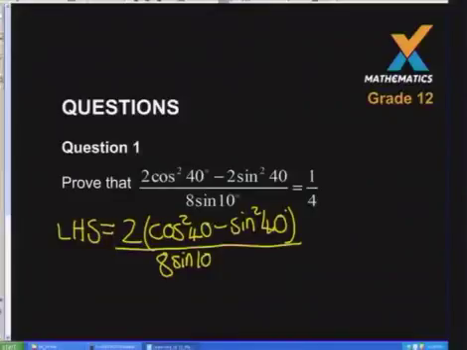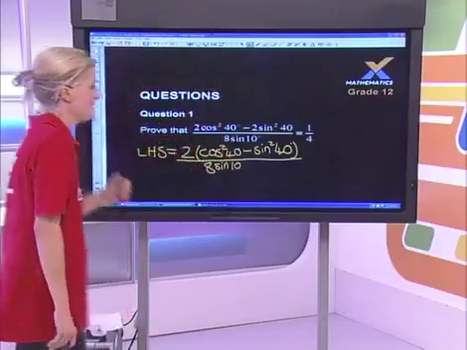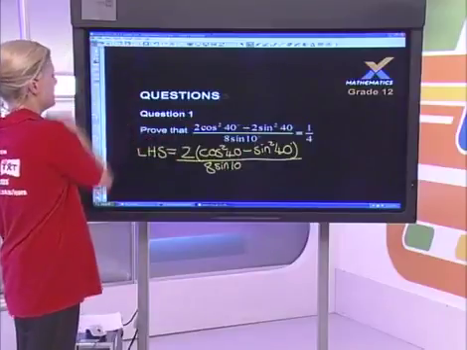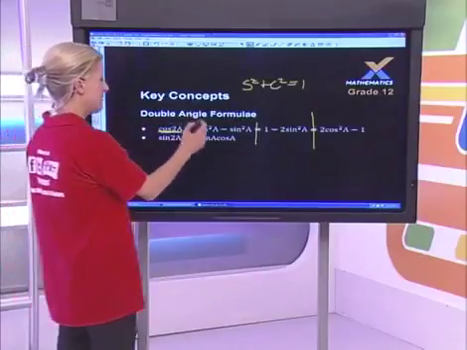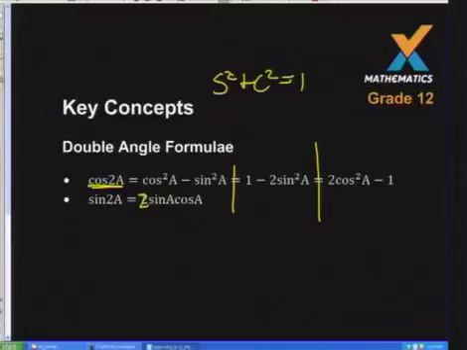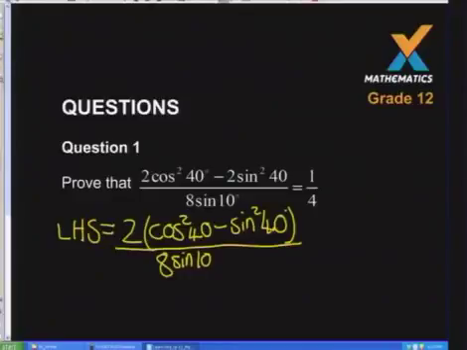Now, boys and girls, what I have staring me in the face, it might as well be slapping me in the face, is my cos double angle identity. I've got cos squared a minus sine squared a in that bracket. Now, I know that cos squared a minus sine squared a is cos of 2a. So let's have a look at how I'm going to apply it.